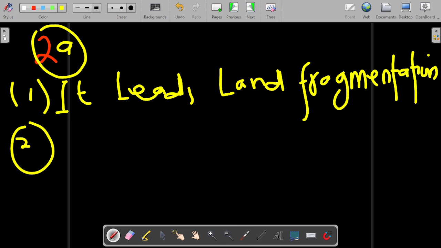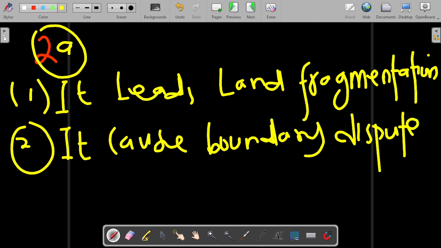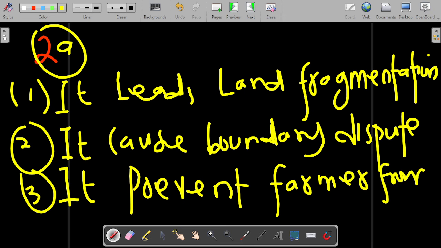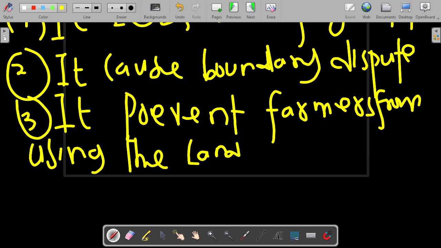2, it causes boundary disputes. 3, it prevents farmers from using the land as collateral.